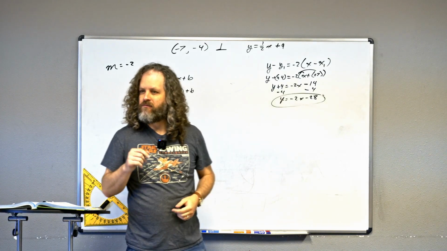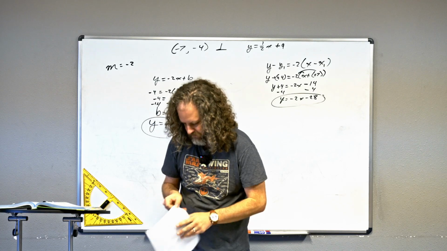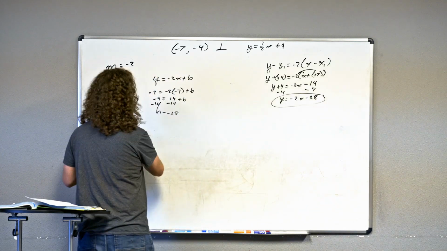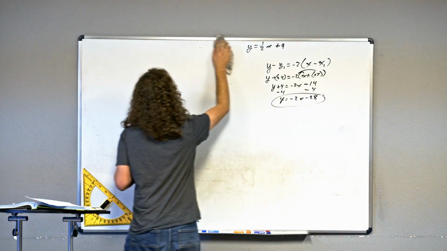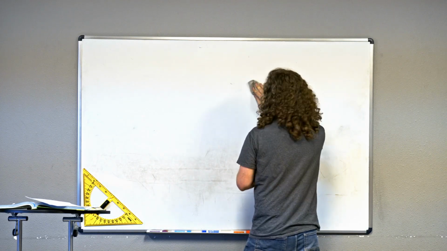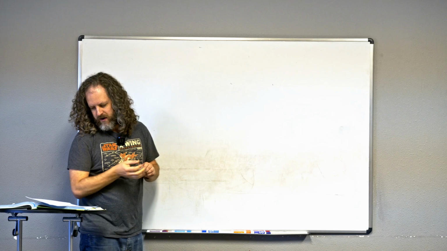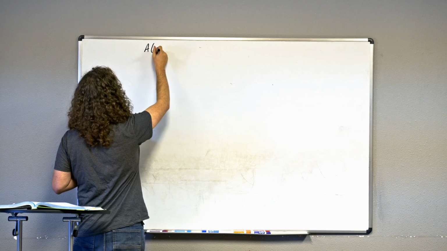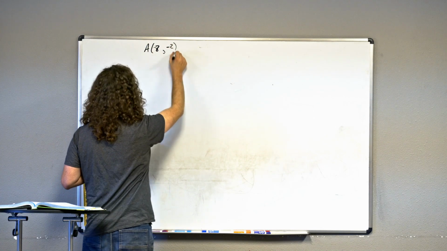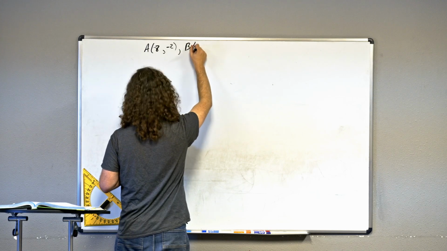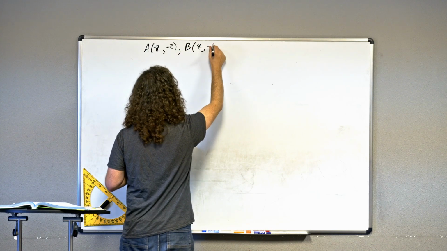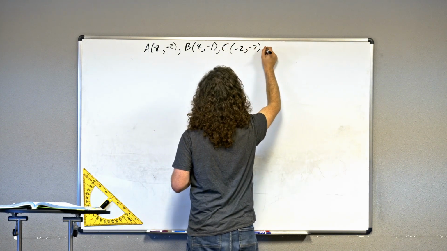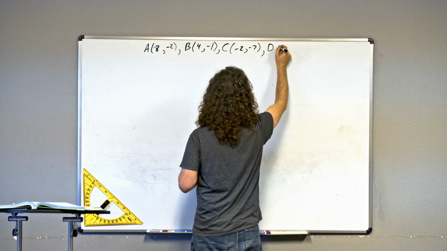So, number 8 on the test. Okay, so number 8, we are given the points A (8, -2), B (4, -1), C (-2, -7), and D (6, -9).